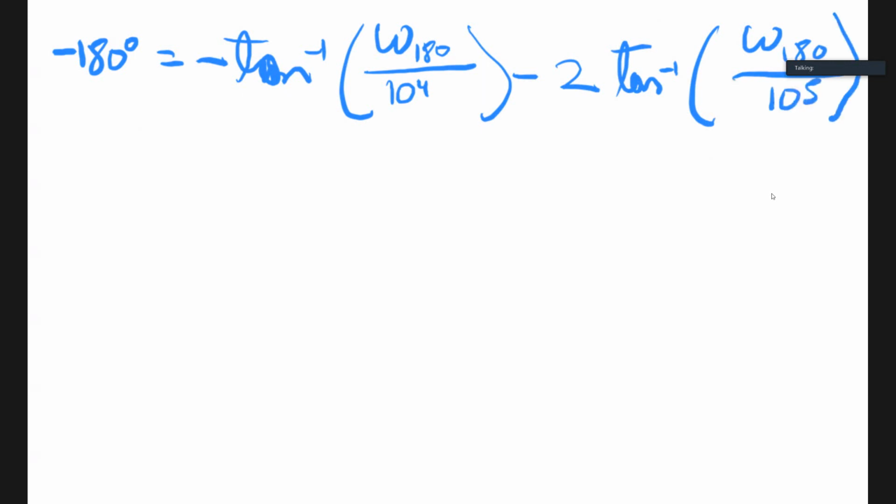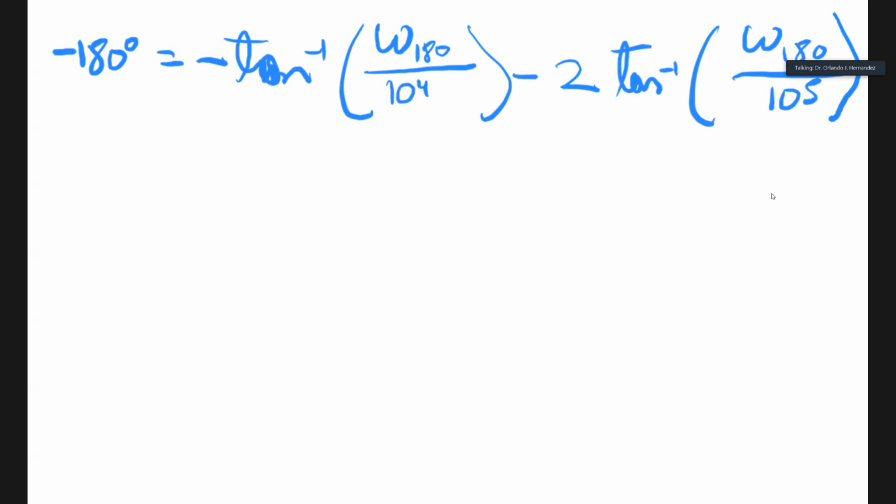Okay, so now you have to solve for omega 180. And this is what is called a transcendental equation, so it doesn't have an analytical solution. Essentially that means you have to do it by trial and error, or the fancy name for trial and error is numerical methods.